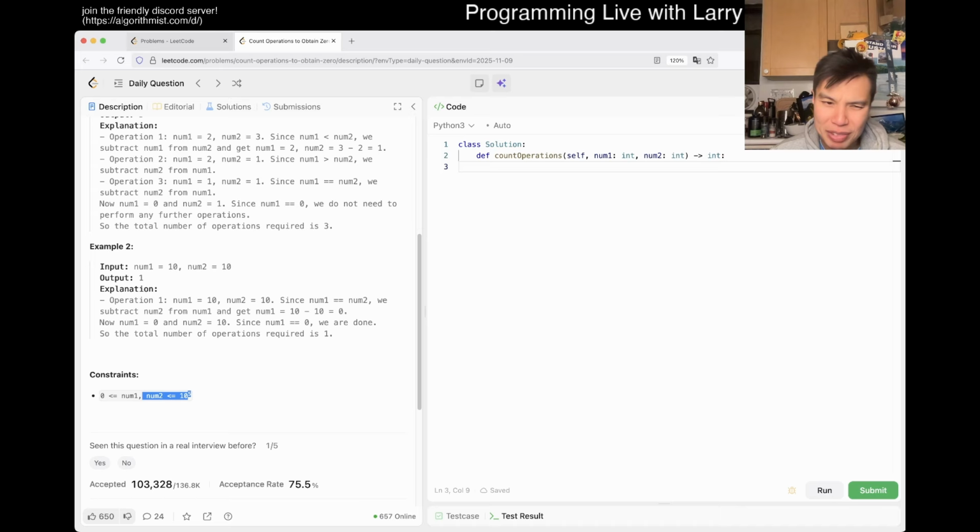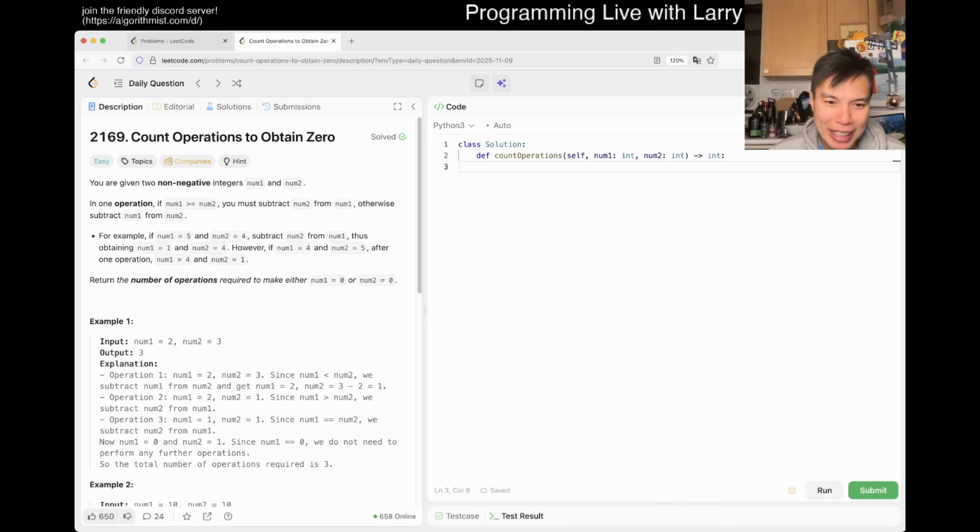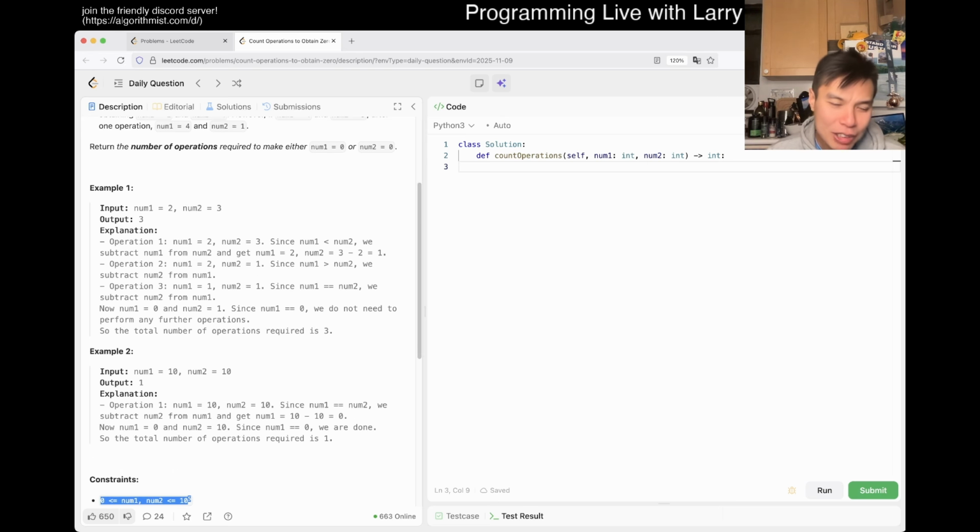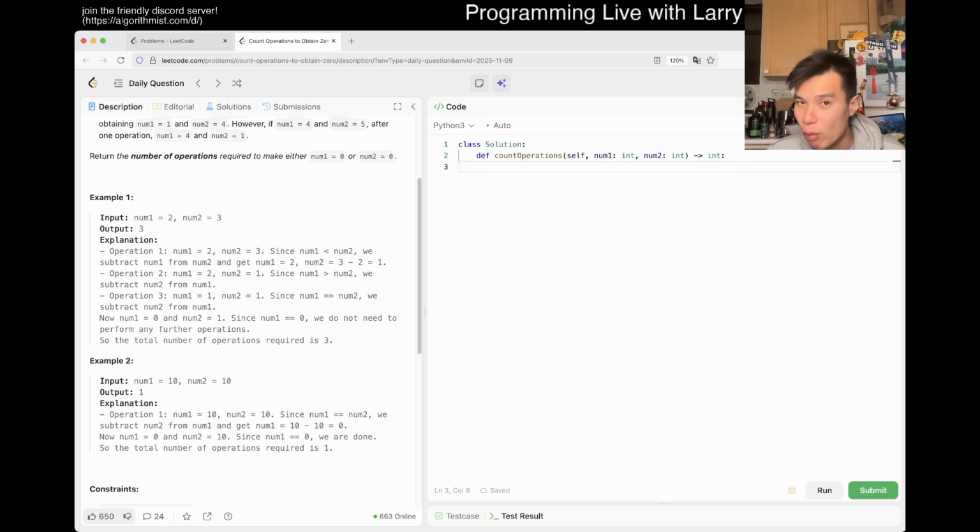With the input being up to 10 to the 5th, you can do this just by simulation. But when you do repeated subtraction, you can also do division and modulo, and then you can play around with the operation. This is a very fun problem to play around with because, like I said, it is literally GCD.